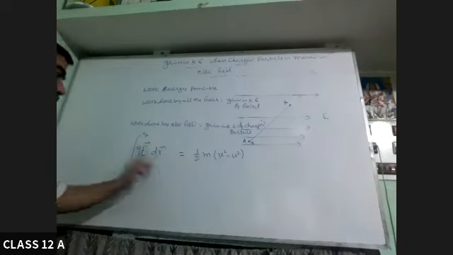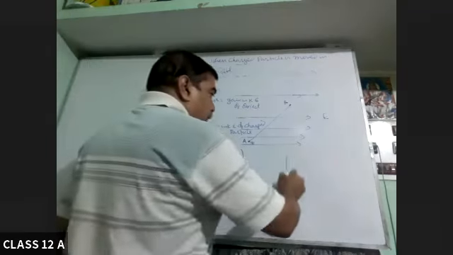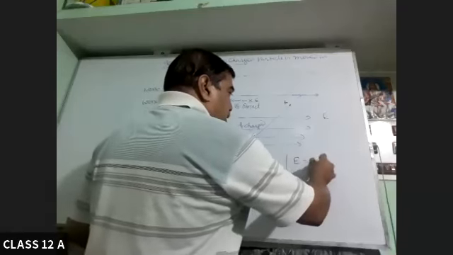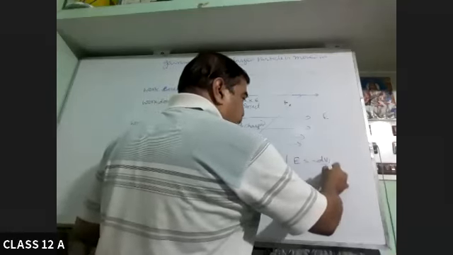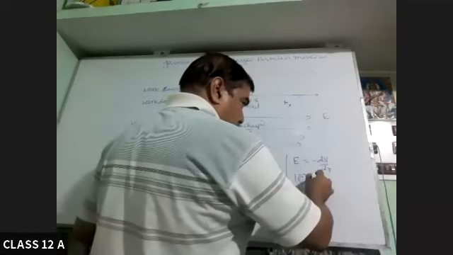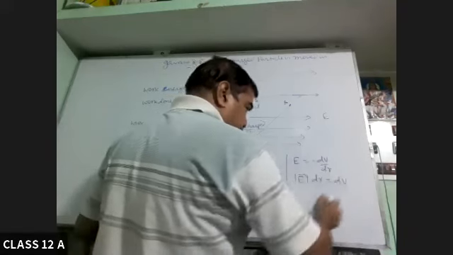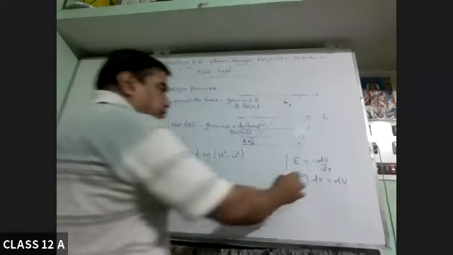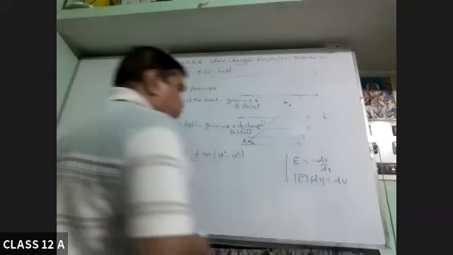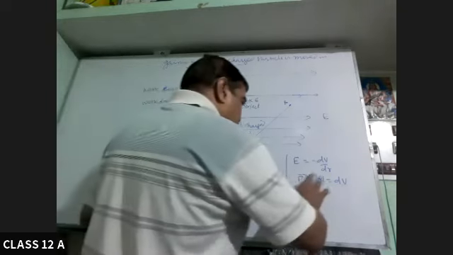Now this E dr, as we know, the intensity is minus dV over dr. So the magnitude of E into dr is dV. Or vector product also, no problem.